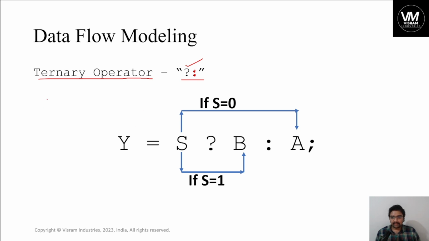So for example, in the multiplexer you have S, and you have two inputs A and B, to select which input. What is the advantage of the ternary operator? It's nothing but ease of application. That is why we are using it.